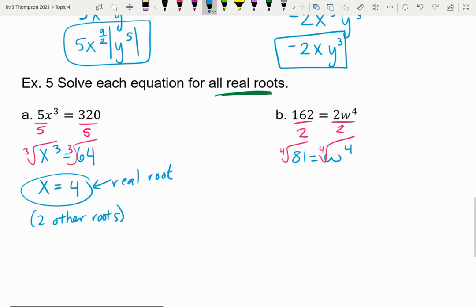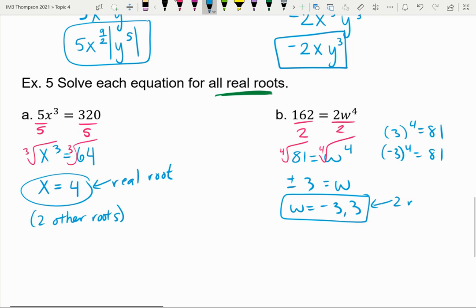So it's important that you recognize this. The fourth root of 81, right? That question is asking what to the power of 4 is 81. It could be 3, and it could be negative 3. Now that only gives me the real roots. There's 2 complex roots also, which we're not going to get into finding today, just the real ones.